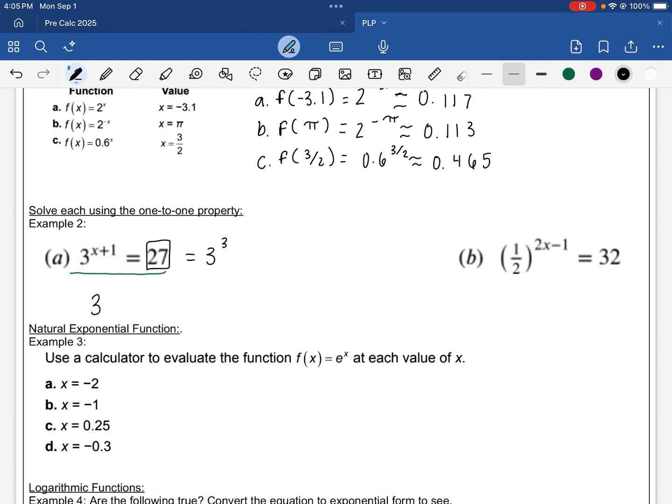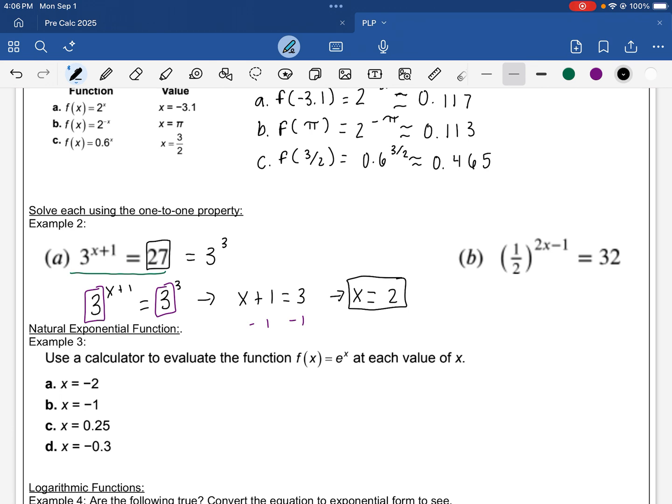So we're going to rewrite it: 3 to the x plus 1 equals 3 to the 3rd power. Since these bases are both 3, we can drop those bases off, and it becomes x plus 1 equals 3. From there, simple algebra, subtract 1 from both sides, and we have that x is equal to 2.